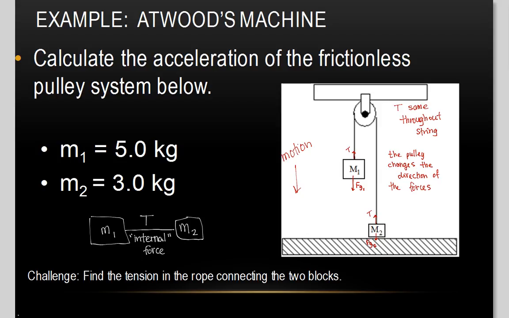In a sense, those tensions cancel out, because the pulley just changes the direction. So if I extend the string horizontally, left and right, then these tension forces essentially cancel each other out. One points to the right, one points to the left, and essentially that internal force is canceled.